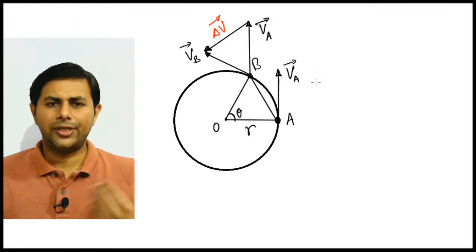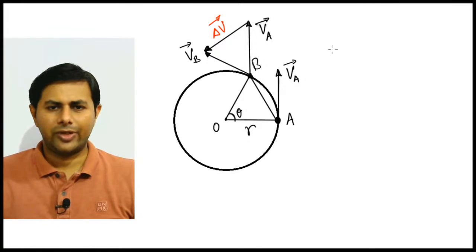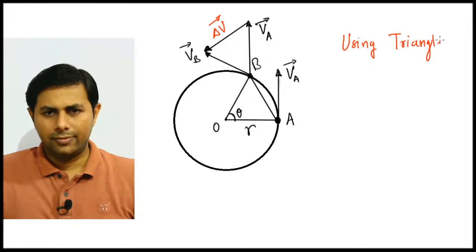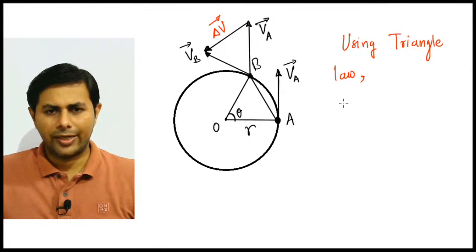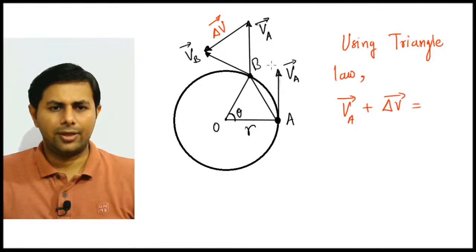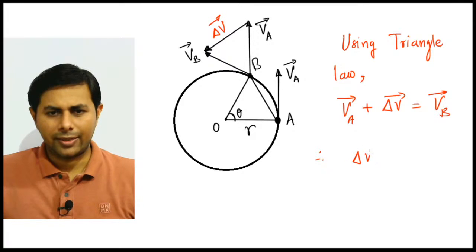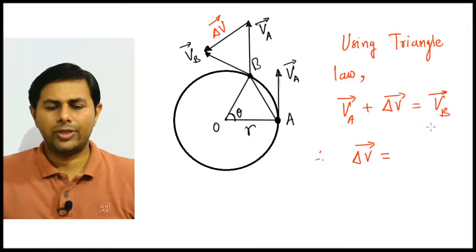All right, using triangle law of vectors addition, we can write VA bar plus this vector delta V bar is equal to VB bar, and therefore delta V bar equals to what?